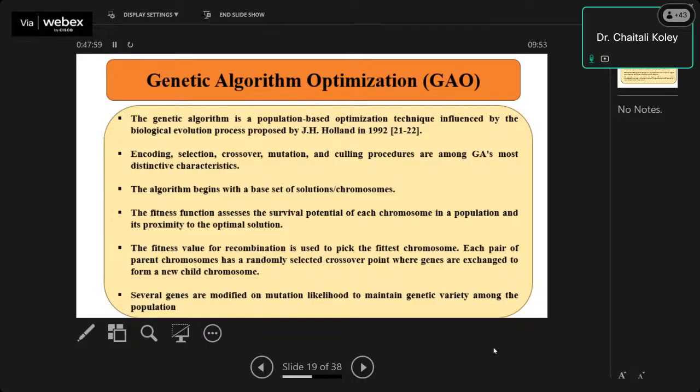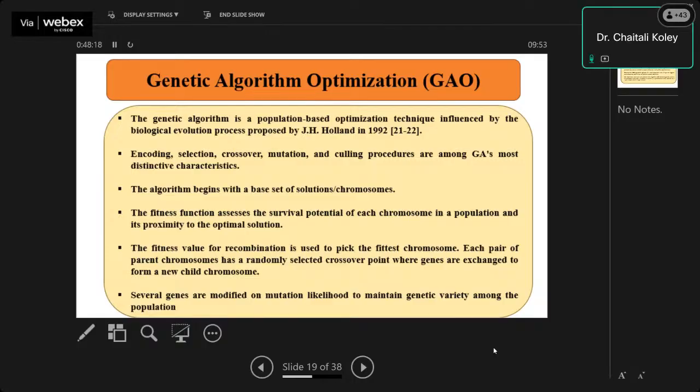The genetic algorithm has different procedures: encoding, selection, crossover, mutation, and culling. These are all the features of the genetic algorithm.